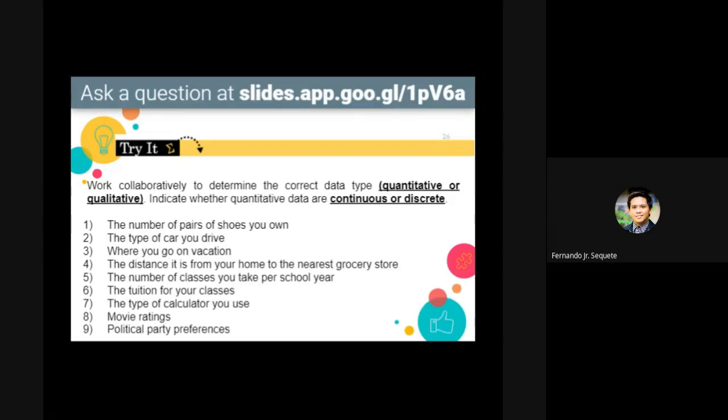Between GMA and ABS-CBN, if you conduct a rating, it is expressed in percentage. So that is actually computed. Therefore, movie ratings are quantitative continuous. Got it? Yes, sir.